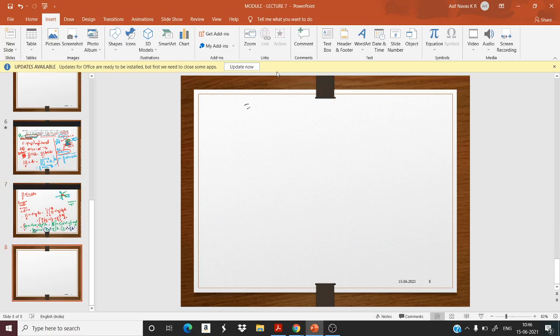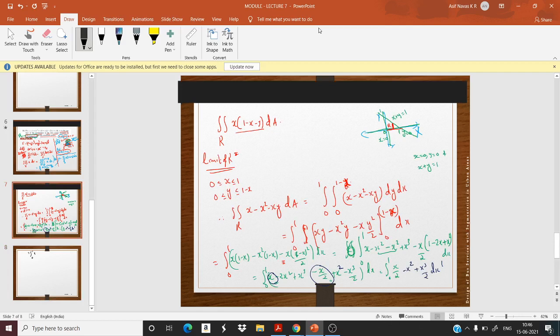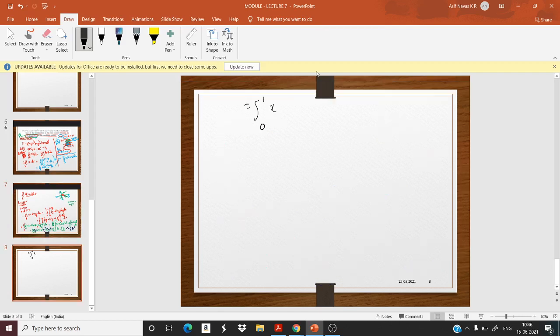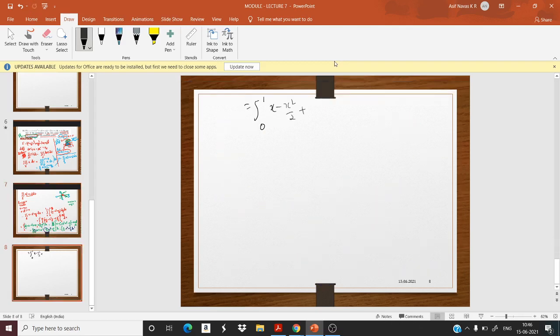So this is the integral from 0 to 1 of x by 2 minus x square plus x cube by 2.